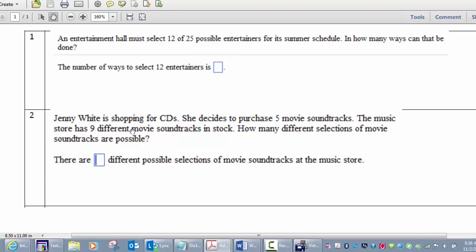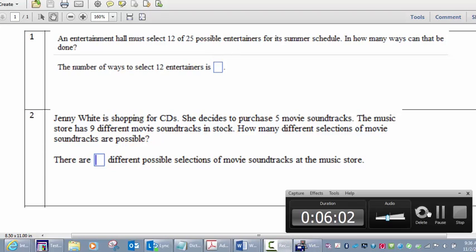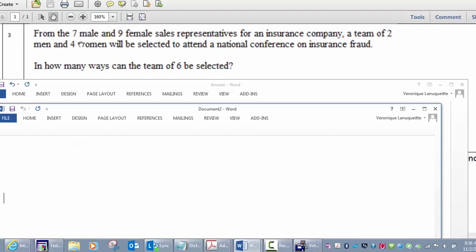She had 9 soundtracks, and she selected 5 soundtracks. So again, one category, soundtracks, just like entertainers here. In the problem we have here, we have to take care of the males but also the females, so it's a more complex question, and you can expect something a little bit more involved for the solution.